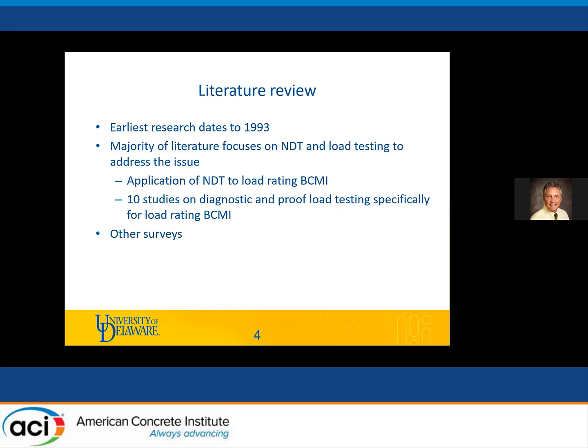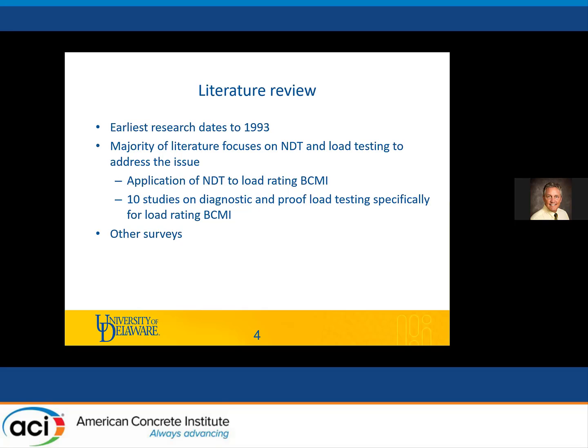As far as the literature review goes, it turns out that research under the topic really started to pop up in the early 90s. A lot of the research has focused on NDT methods and technologies that could be used to assist in this problem, and also a lot of work devoted to how diagnostic and proof load testing can be applied to load rate bridges where we're missing information.